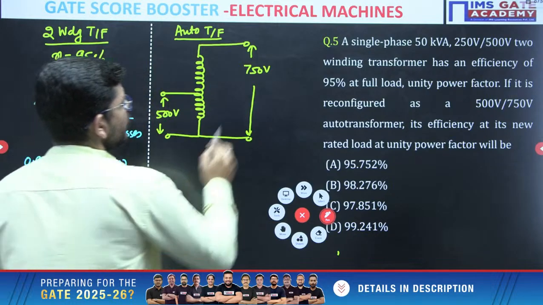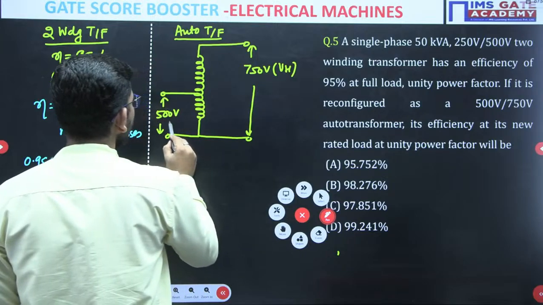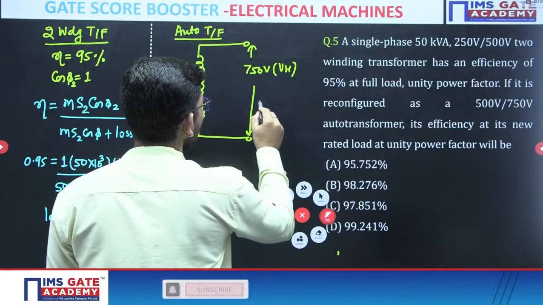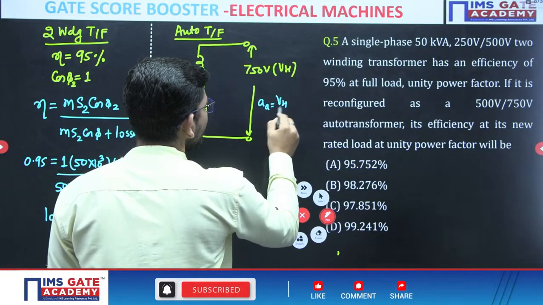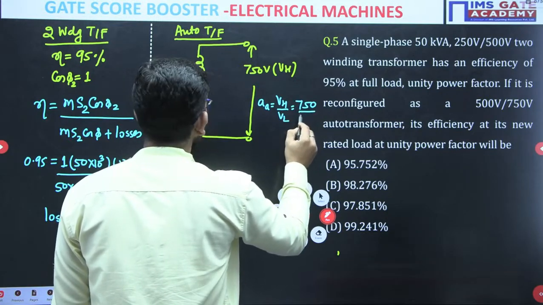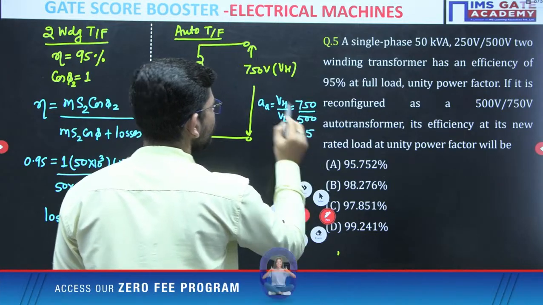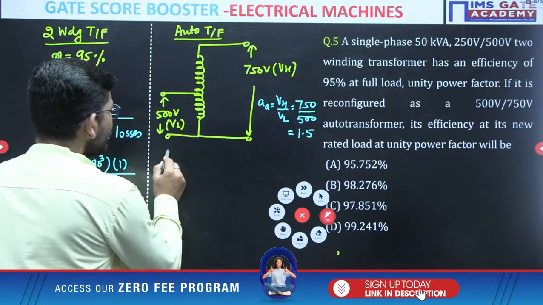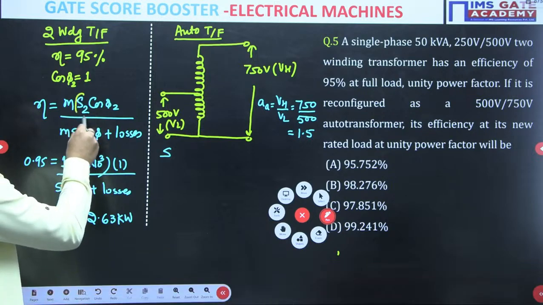So this is going to be the high voltage and this is going to be the low voltage. If I calculate the auto transformation ratio A, that will be VH over VL, or 750 over 500. So how much will we get? Approximately 1.5.